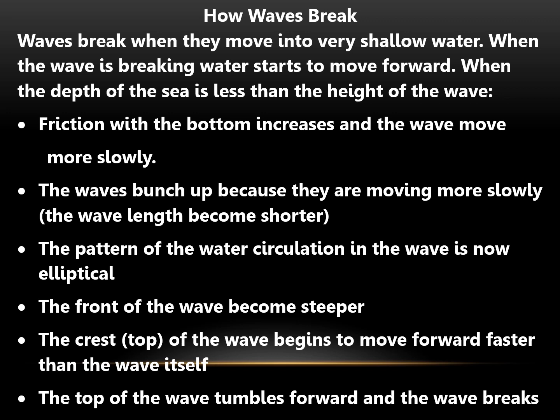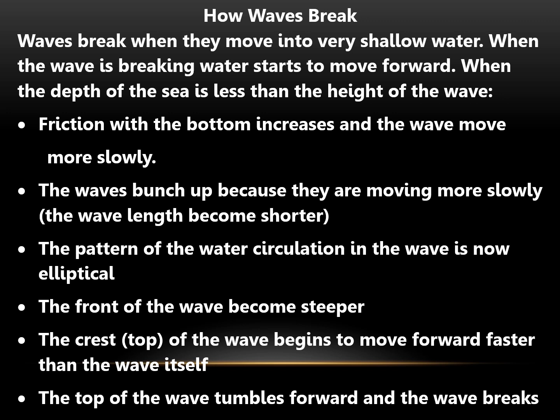So basically, students, what they're saying here is that as the wave is coming towards the shore, because it is encountering the shallow seabed, it begins to slow down because of friction. And as it slows down, because the top part of the wave is moving faster than the bottom half of the wave, it begins to pile up and get taller.